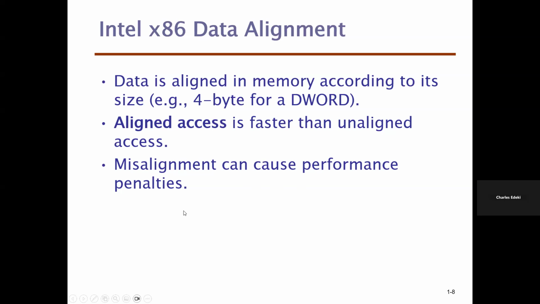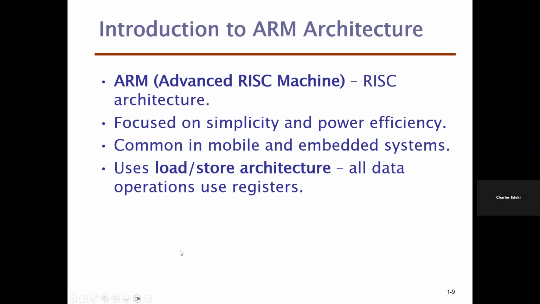So next we go to the introduction to ARM architecture. ARM, as we said earlier, stands for Advanced RISC Machine, so it uses the RISC architecture. Here we first say the focus is on simplicity and also efficiency.